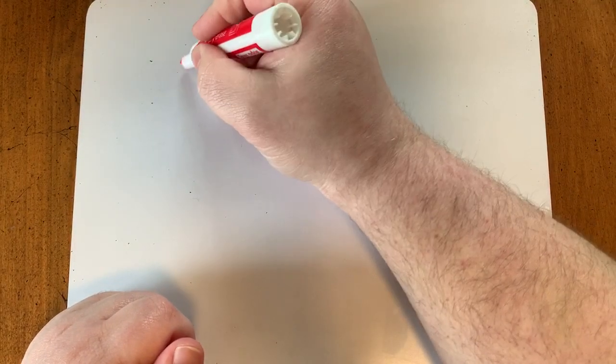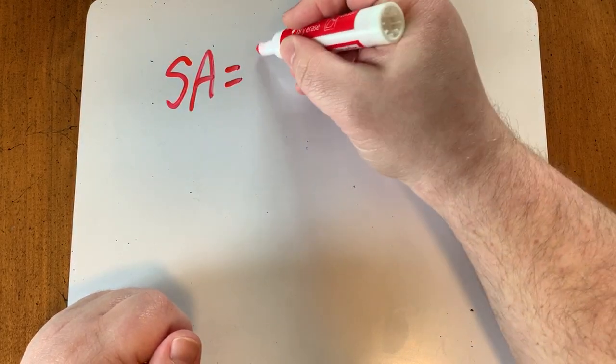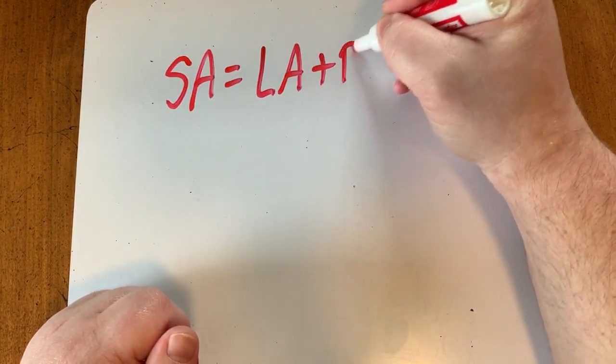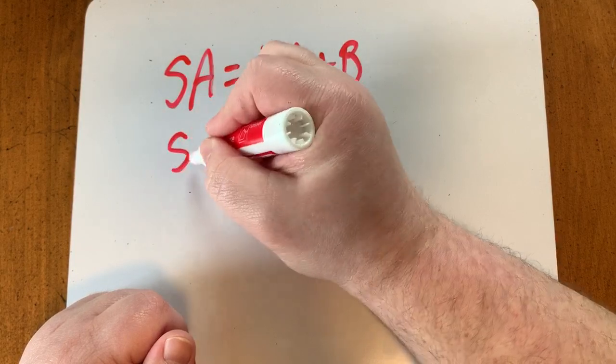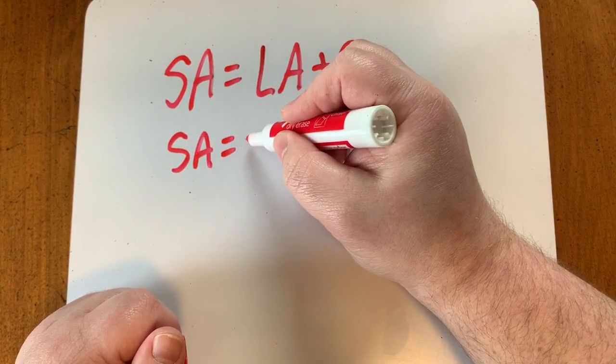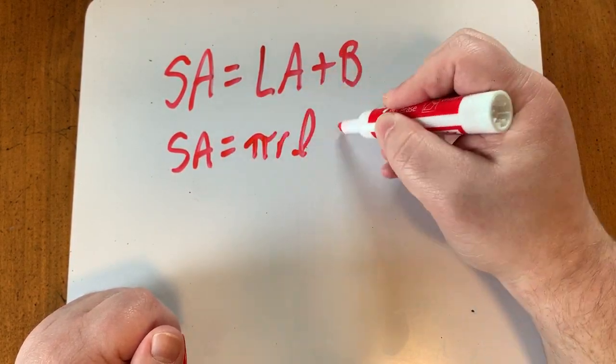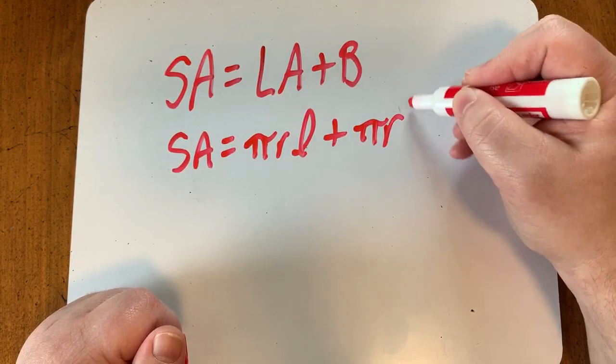The surface area of a cone is the lateral area plus the area of the base, and more simply, pi r l plus pi r squared.